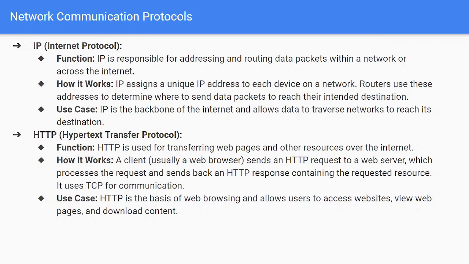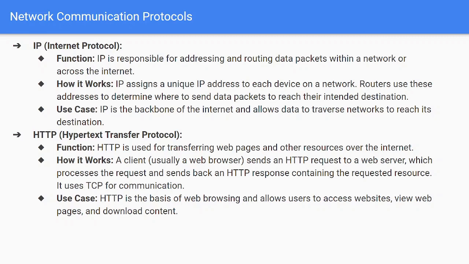That is IP. Routers use these addresses to determine where to send the data packets to reach their intended destination. So the protocol that handles assigning IP addresses to a device once connected to a network is the Internet Protocol.